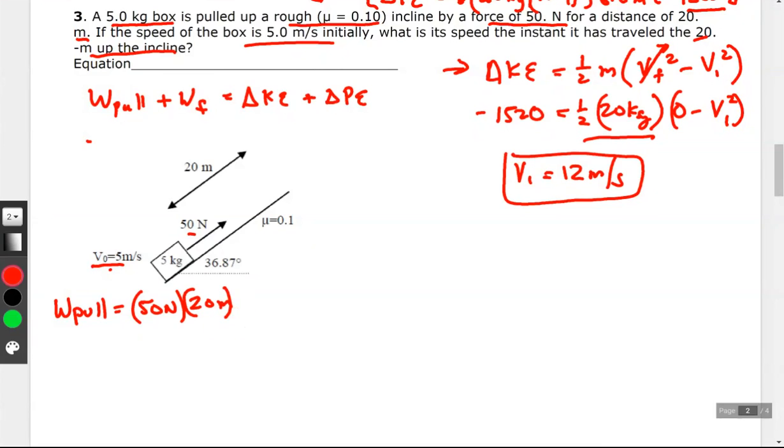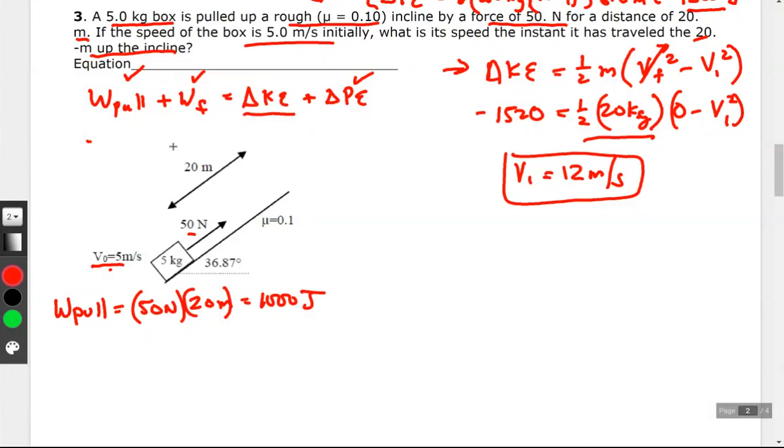So that is some positive work. The force is in the direction of the displacement. That's easy. The idea is I'm going to get this, and this, and if I can get the change in kinetic energy, I can find the second velocity by using the kinetic energy equation.